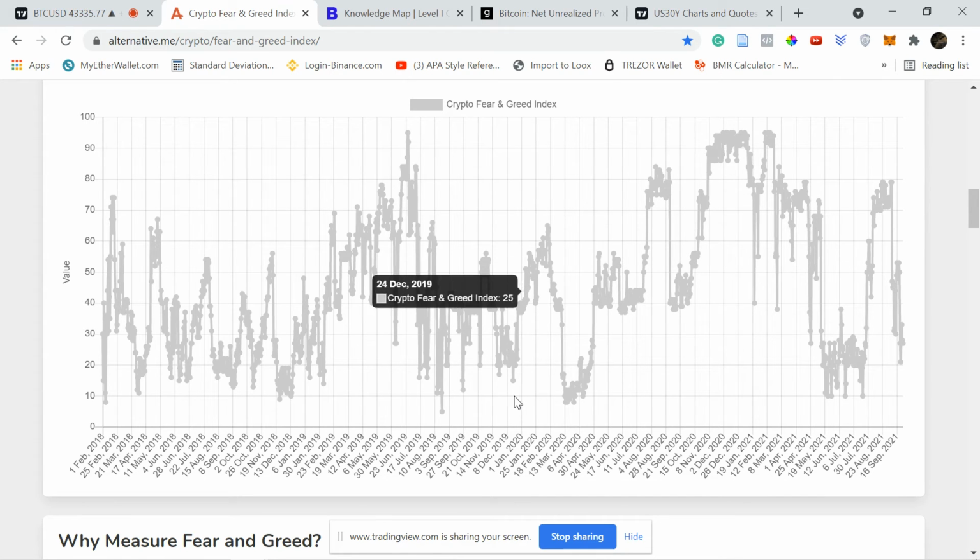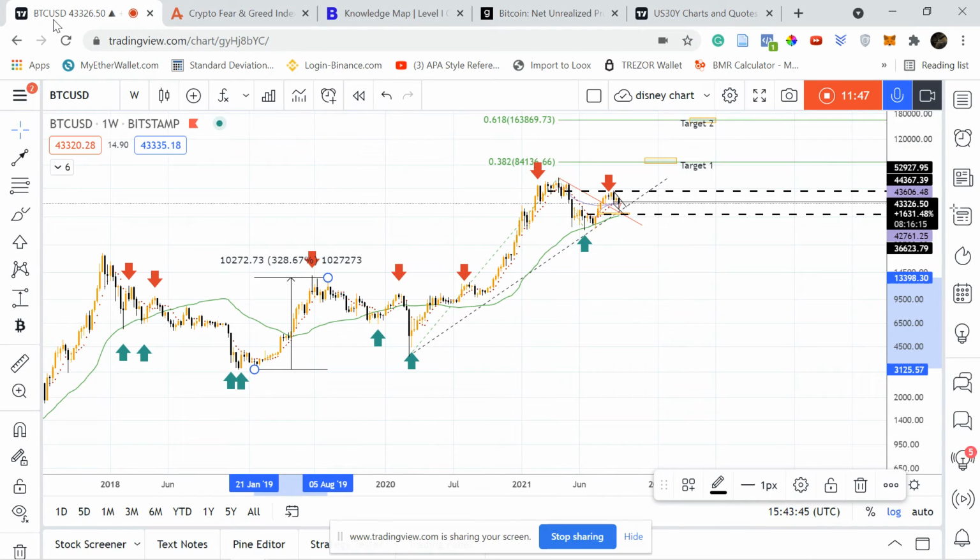It was actually the 19th of December over here, and it was 15. Again, it was below our 20 mark, so it was a great buying opportunity again, and it's amazing.